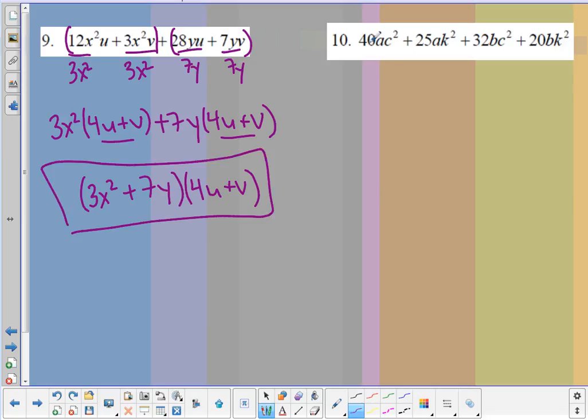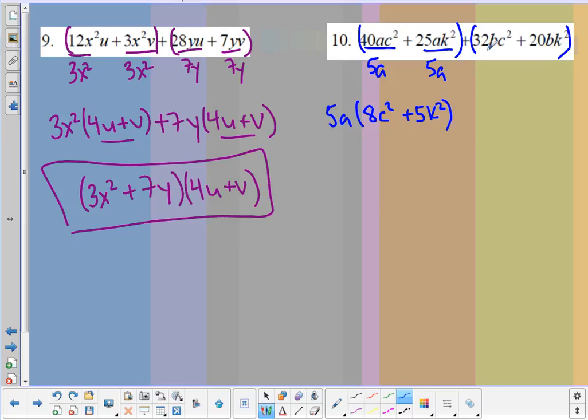Last one, still a whole lot of variables going on in this question. 40ac squared plus 25ak squared, 32bc squared plus 20bk squared. Ooh, so first grouping, 40 and 25, I can take out a 5. Variables, ac squared, ak squared, I can take out an a. So that leaves me with 5a out front. Then that is 8c squared plus 5k squared.